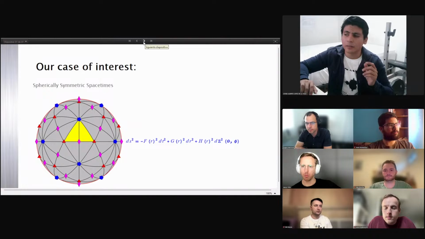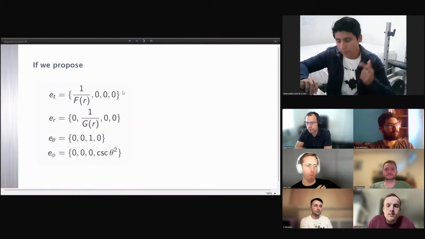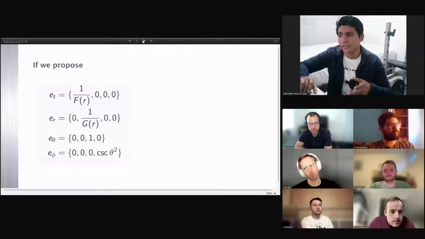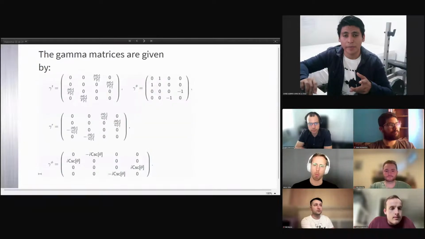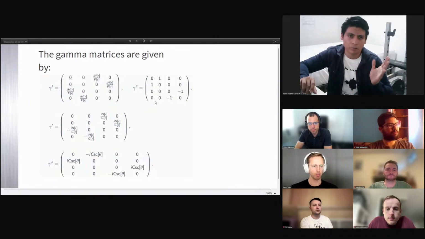If we apply this, we can propose this system of tetrads, and with this system of tetrads, we can get this system of gamma matrices with coordinate dependence. Except here, right? Here they are constant matrices, but here we have coordinate dependence in each matrix.